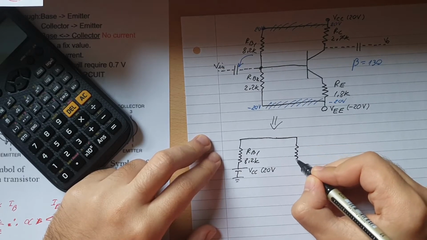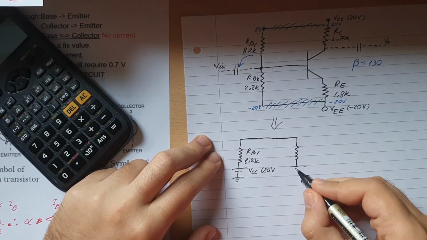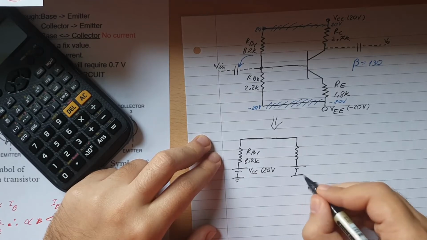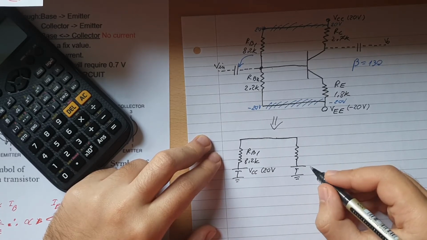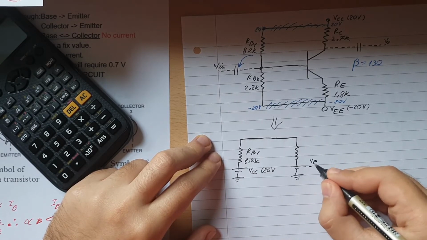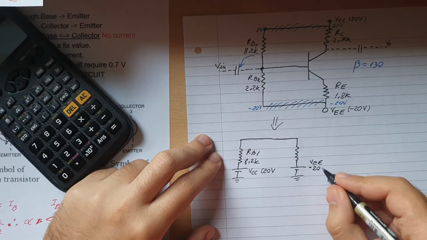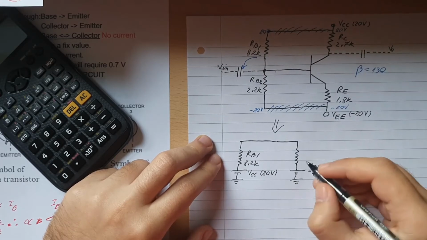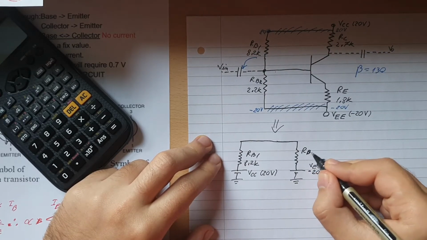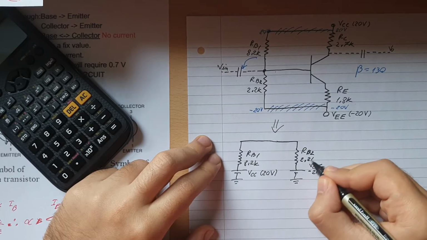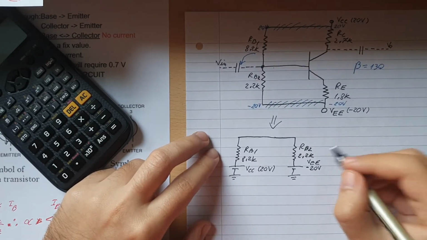So we create another resistor, another source, and another ground. But this one is the VEE that's connected to it, so that will be minus 20 volts instead of the plus 20. And that will be the RB2, the 2.2 K resistor side.